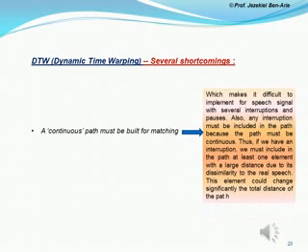First of all, a continuous path must be built for matching. This constraint makes DTW very difficult to implement for speech signal with several interruptions and pauses. Also, any interruption must be included in the path because the path must be continuous.